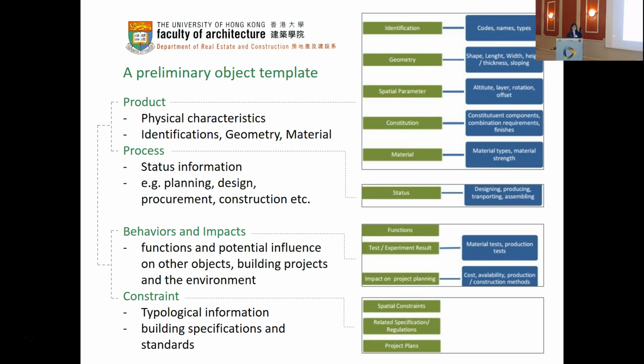For example, the topological information, which describes the logical relationship of these 2 objects. For example, a beam is located on a column and a window is located on the wall. And there are also building specifications and standards to constrain the information in the BIM object.